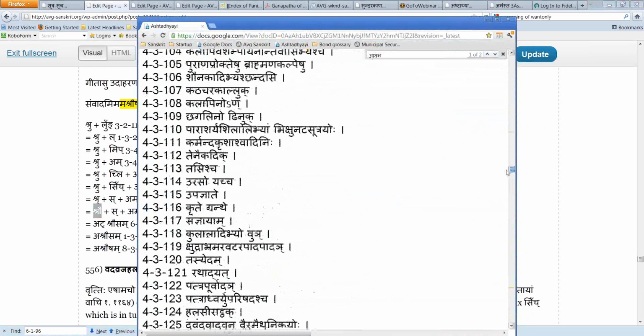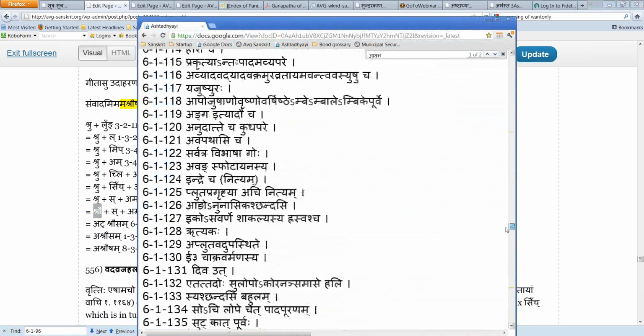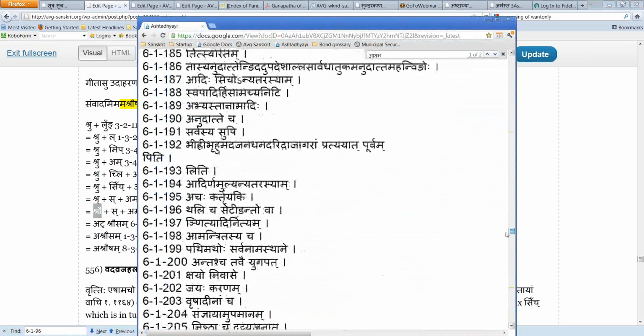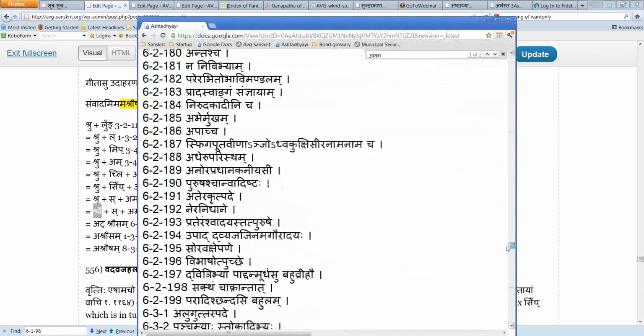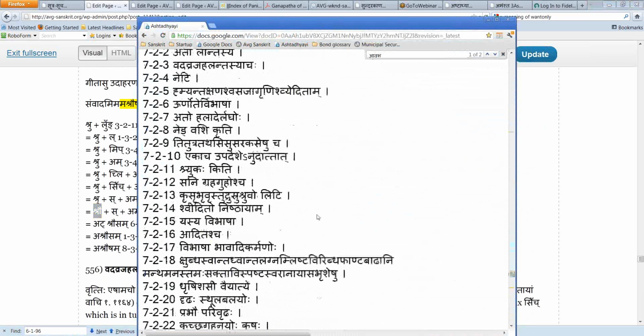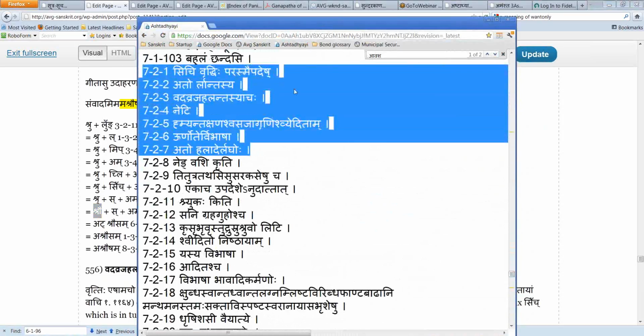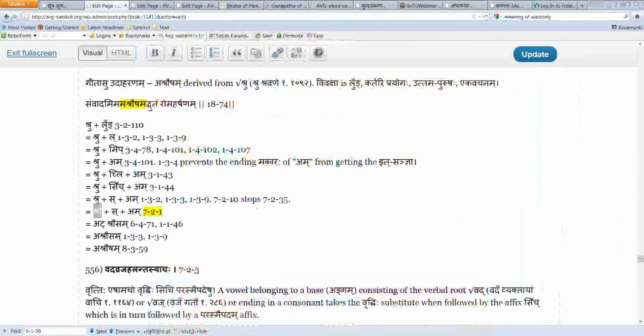So please mark this section. Please keep it in mind that when the sich pratyaya is followed by a parasmaipadam, the igantam angam takes the vriddhyadesha. Of course, we are going to see some special rules below, but this is a starting point for us. And then after that it is straightforward.